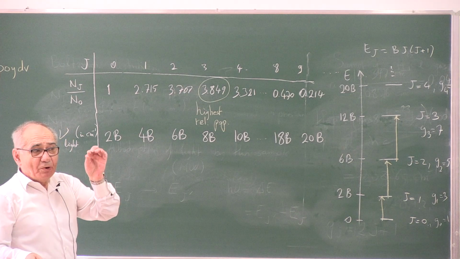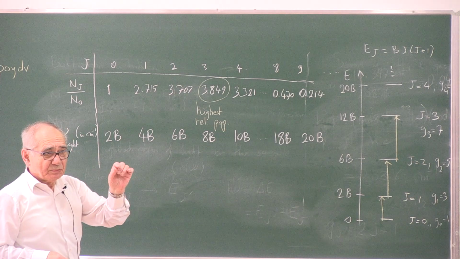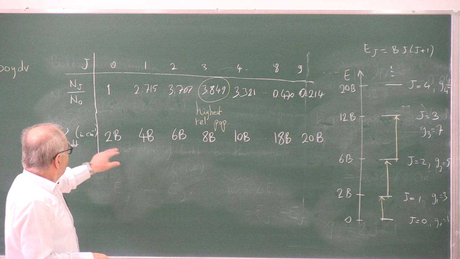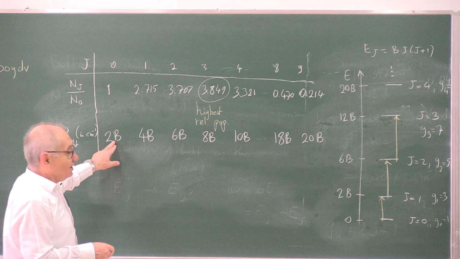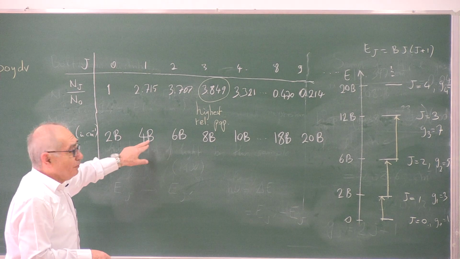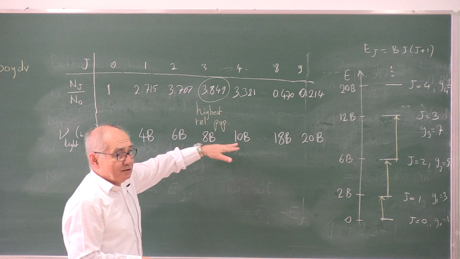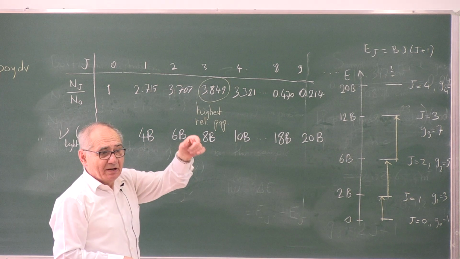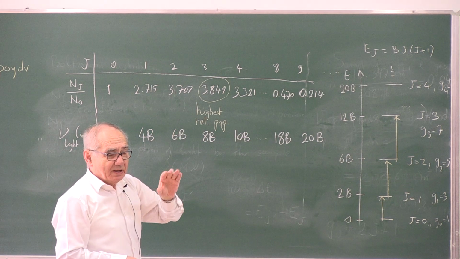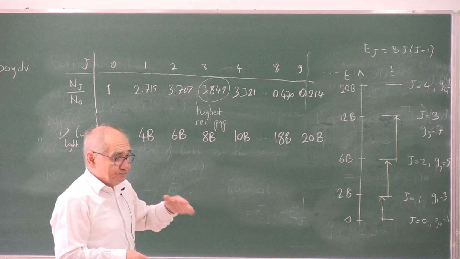So those photons, only those photons with energy either 2B or 4B or 6B or 8B, one of these numbers, will be absorbed by the sample.